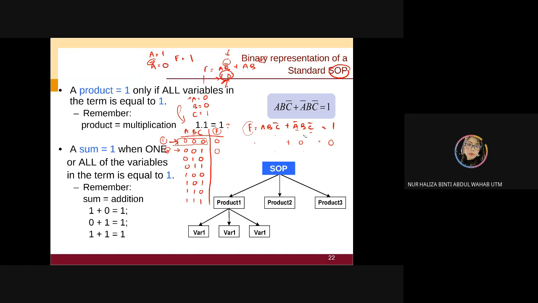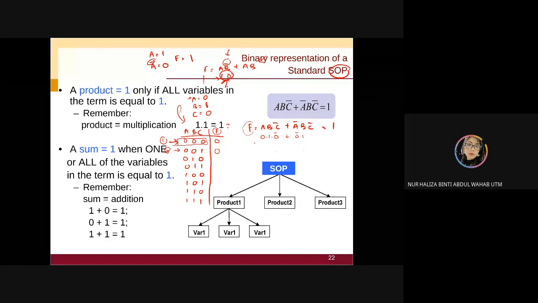Third. Let me check my third one. My third one is 1, 0. A is 0, B is 1, C is 0. So how am I going to apply? A is 0, B is 1, C is 0, and my Boolean has a bar, plus A is 0, B is 1, C is 0 bar.